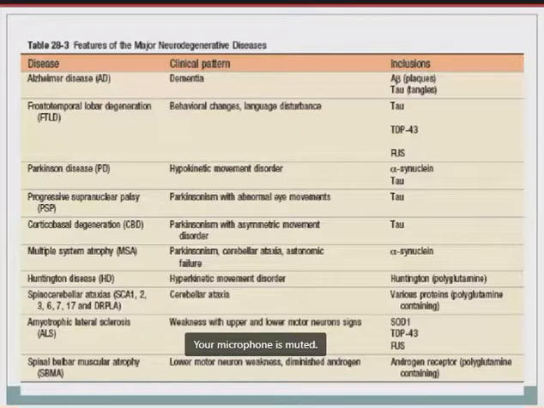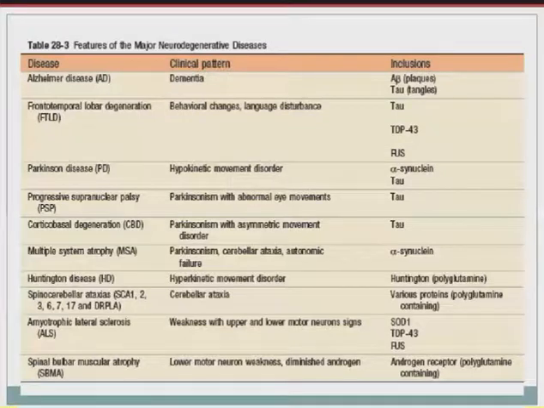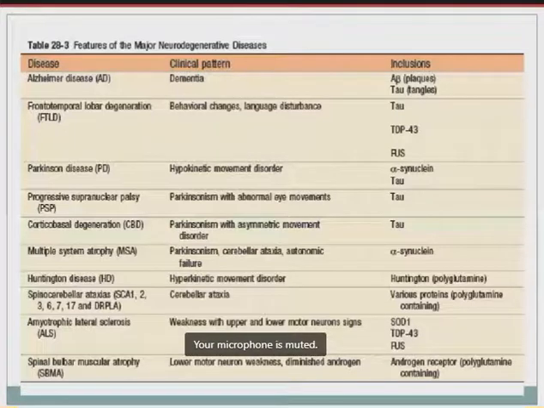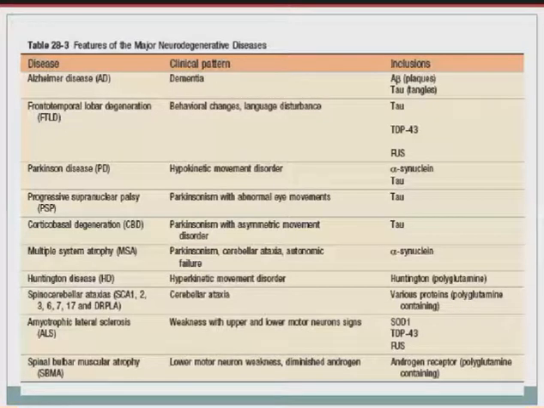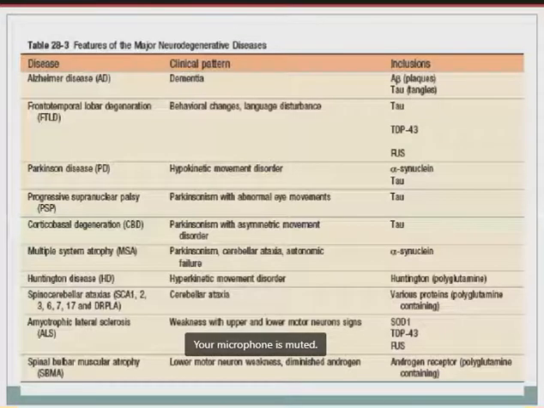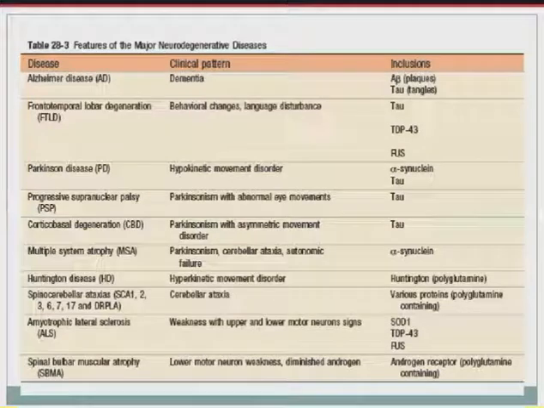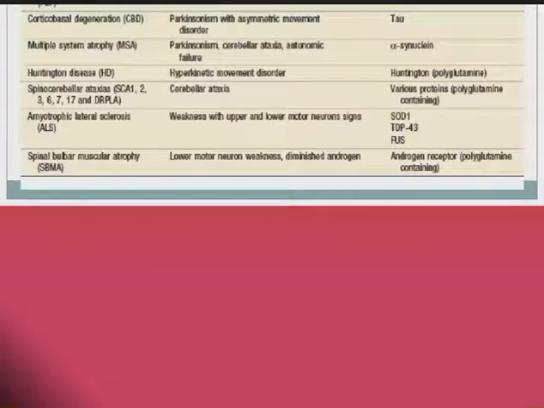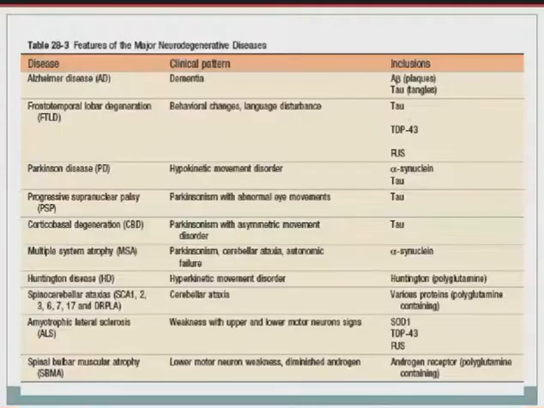Alzheimer's disease has a main clinical feature of dementia. The other is frontotemporal lobar degeneration, a type of neurodegenerative disease where the patient has behavioral changes and language disturbances. And Parkinson disease is a hypokinetic movement disorder. Hypokinetic means little movement.